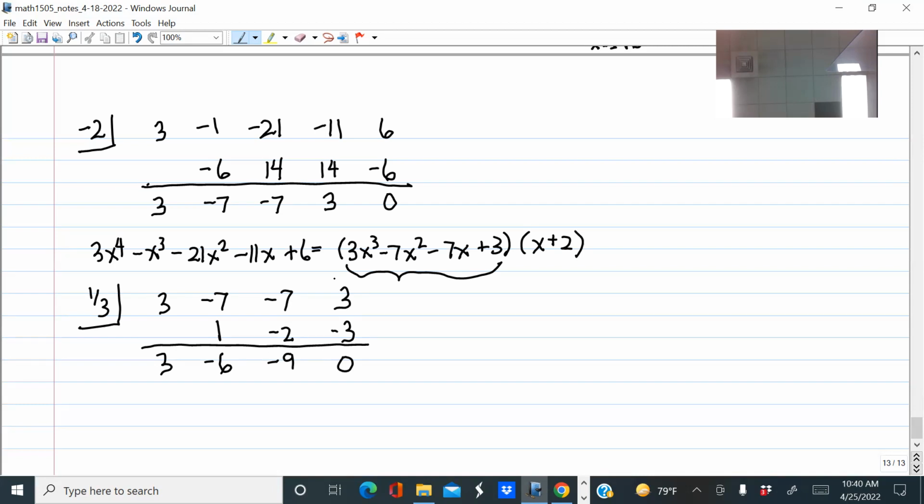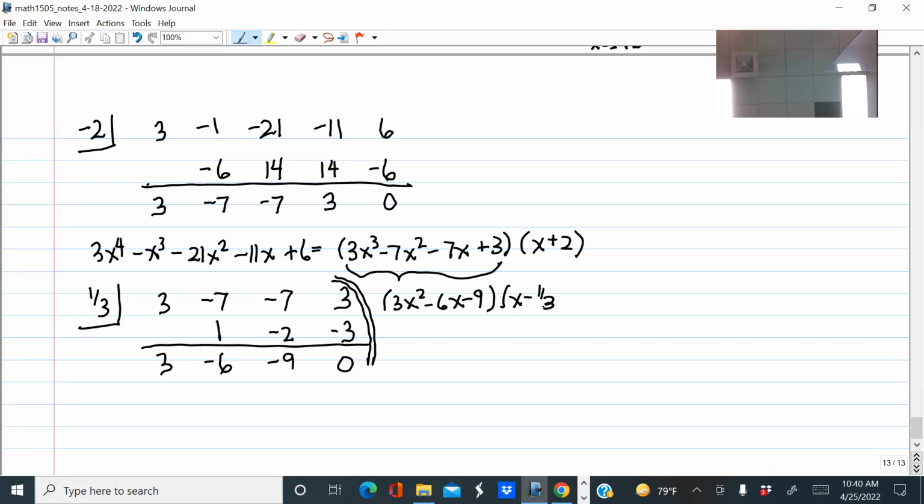I didn't leave myself enough room, but how does this part factor? The 3x cubed minus 7x squared minus 7x plus 3 factors as this quotient, 3x squared minus 6x minus 9, times what was our divisor there?